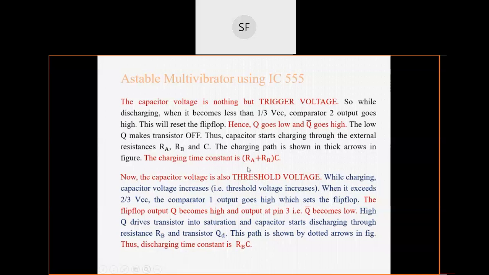Here the charging time constant was Ra plus Rb into C, because charging was taking place through both resistors. So hence Ra plus Rb was there, but in the discharging time constant there is no Ra, so hence it will be only Rb into C.